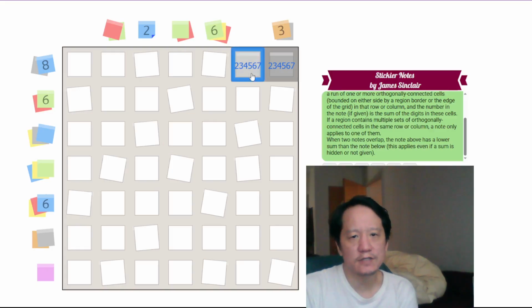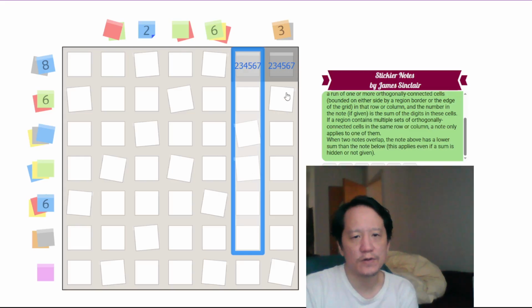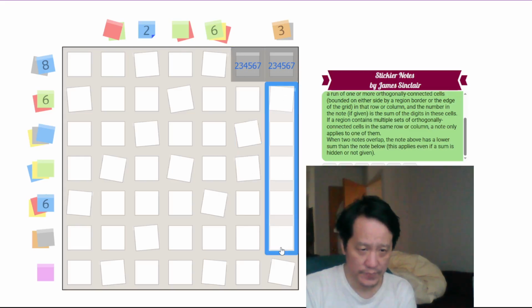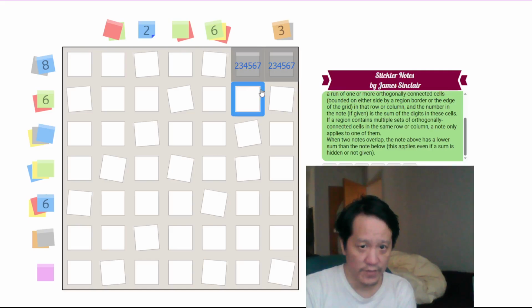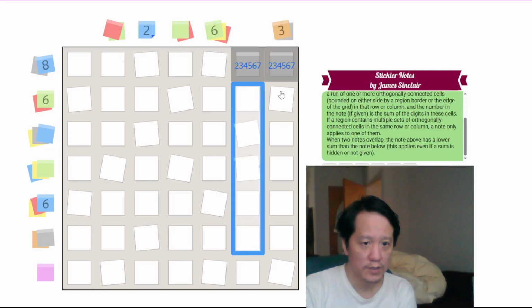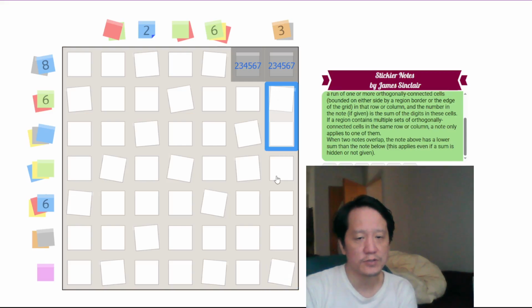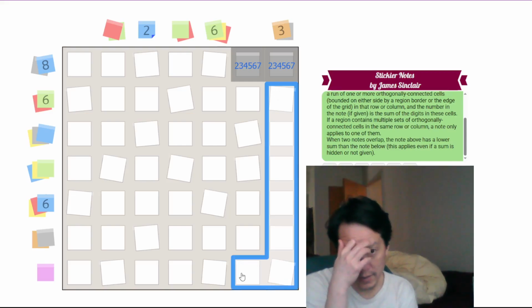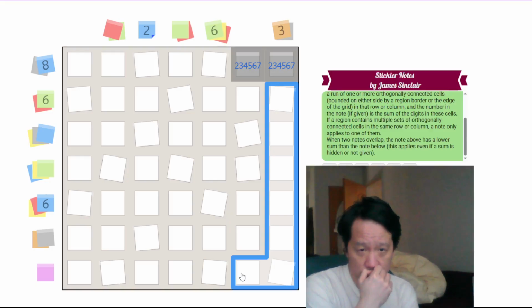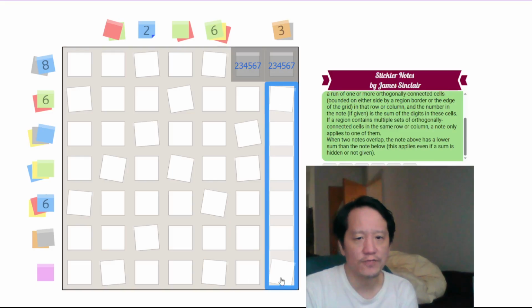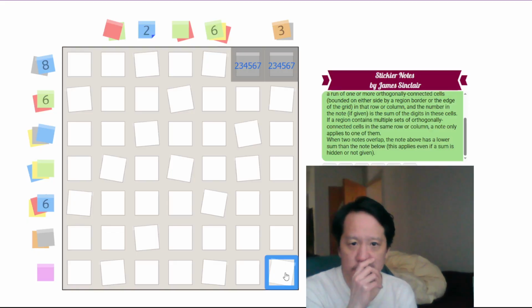So light has to go 6 here or 6 here. If light is 6 here, this must be orange, because this has to go out as that. Otherwise, you could have gray going here and then orange going here, and this is 3.